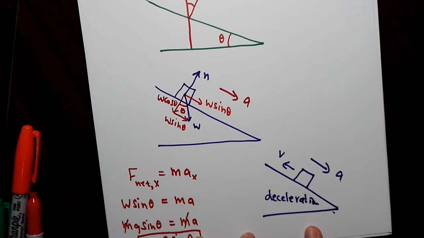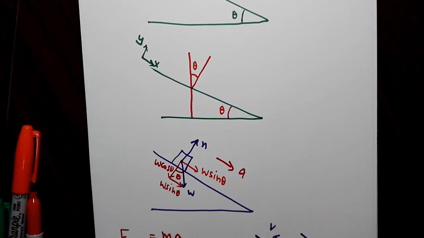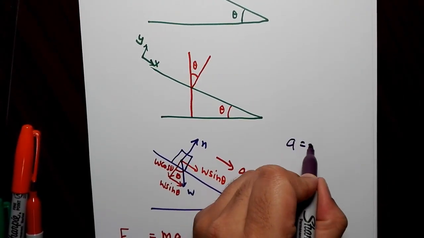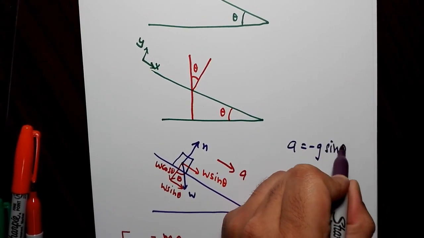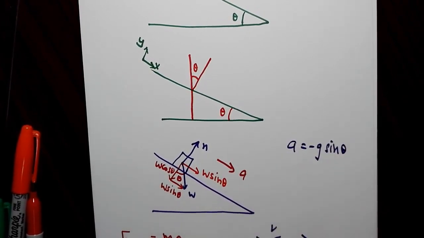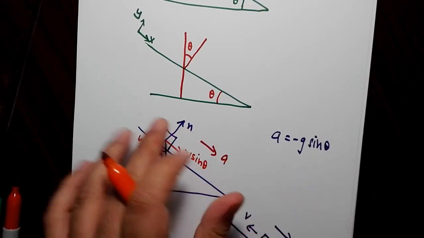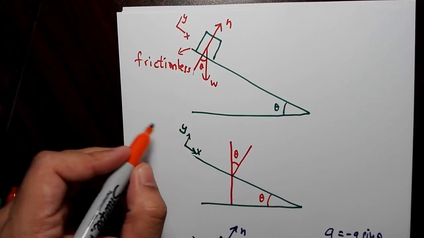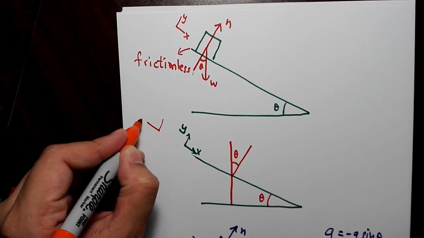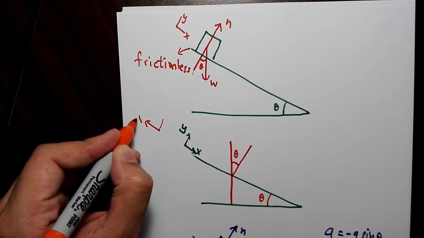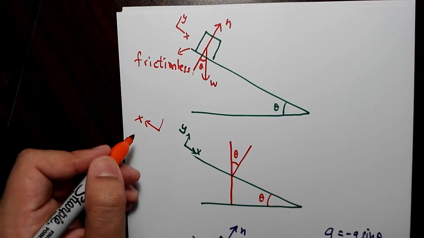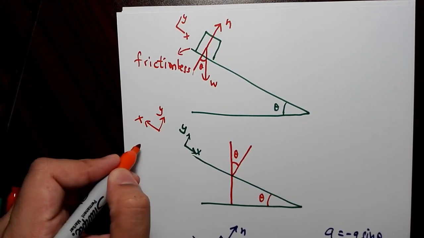Another thing is that you would see sometimes acceleration is negative g sine theta. When is that the case? That can be when you flip your axes, which is something we don't usually do, but you can in principle. You can take positive x over here and positive y over here.